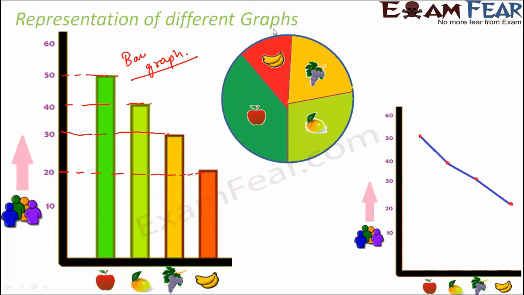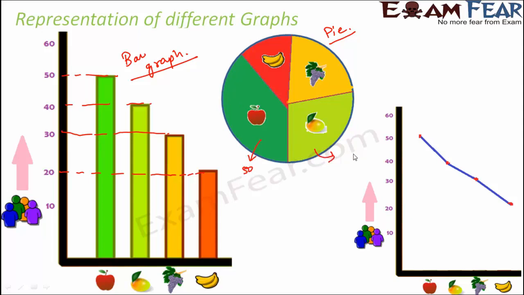So the same thing can be represented using a pie chart. So you see here, this is how a pie chart looks like. So here this is the pie chart. So for banana, it is like a smaller section, the red colored section. For grapes, it is a bigger section. For mango, it is even bigger. And for apple, it is maximum, because in apple, you have almost 50 people.